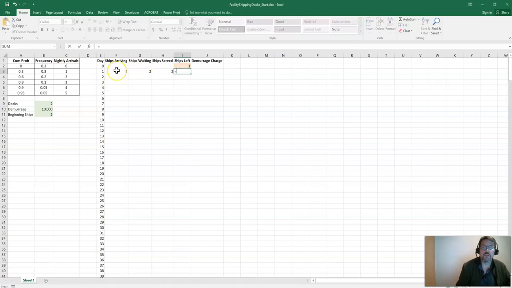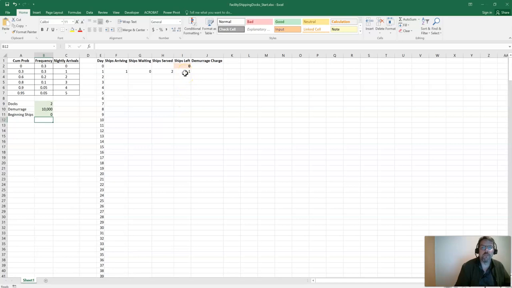I could say it's how many were waiting plus how many came minus how many were served. And it looks like that's going to work. But will it always work? What if beginning ships was 0?